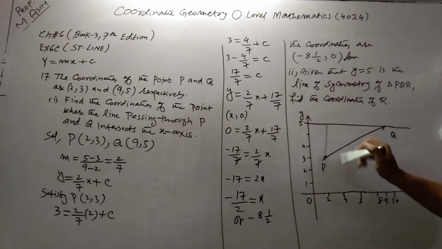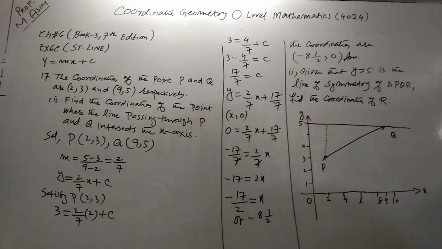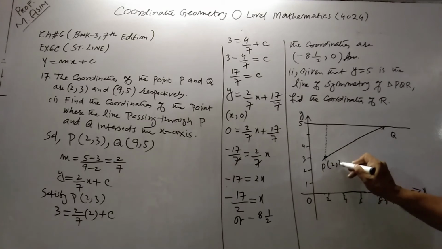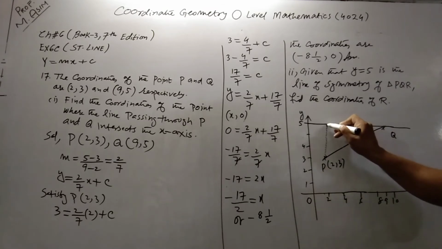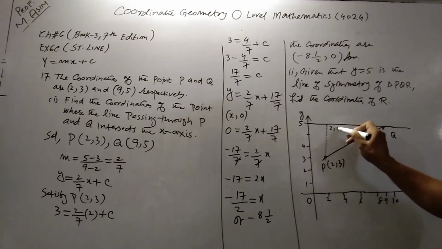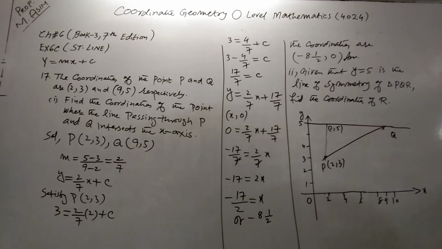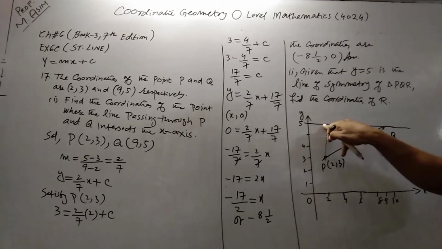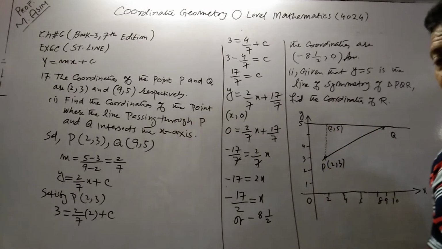What are the coordinates of P? 2, 3. And if I say what are the coordinates of this point? This is 2, 5. So what is the distance? If this point is 3, this point is 5, therefore the distance is 2.